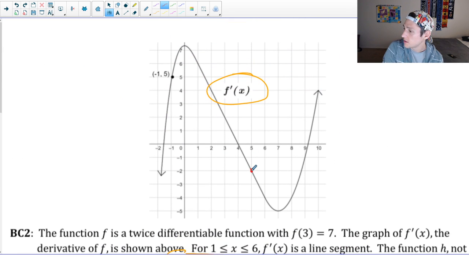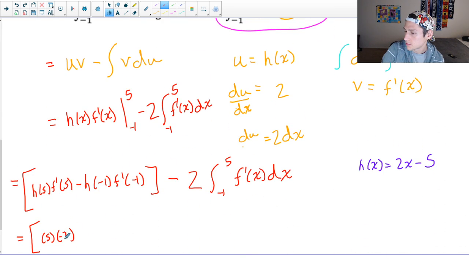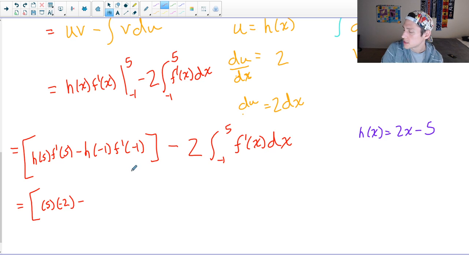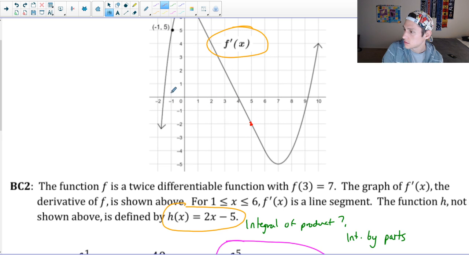F prime of 5 is negative 2. Minus h of negative 1. 2 times negative 1 is negative 2. Negative 2 minus 5 is negative 7. F prime of negative 1. So here's f prime of negative 1. Positive 5.